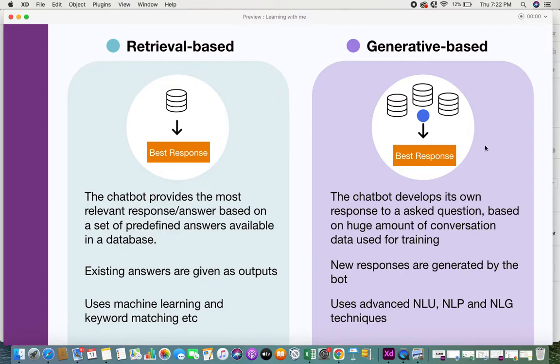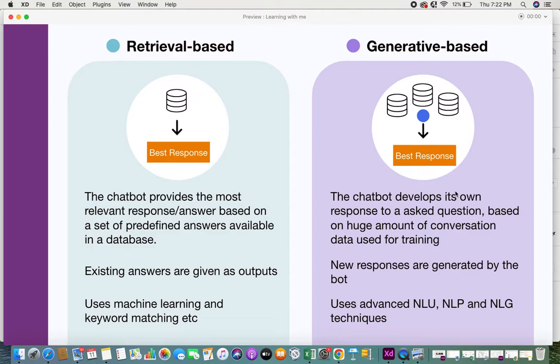In contrast to generative based, the bot is really advanced. It doesn't need to just give out answers like a parrot. If you teach a parrot a particular word, it will repeat that back to you. But generative bots can really talk like human beings because they generate their own appropriate answers to a question.